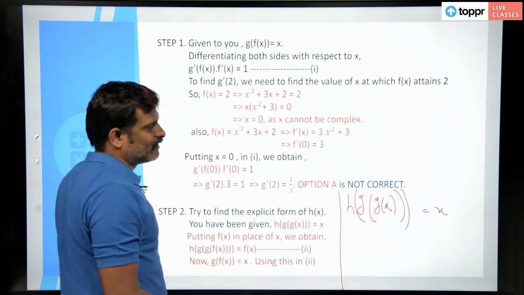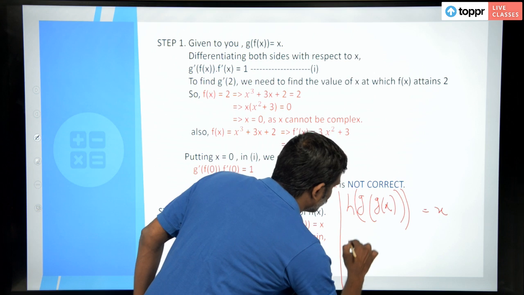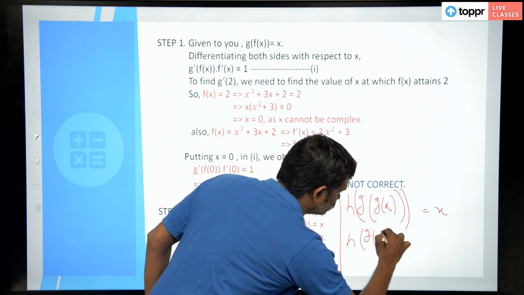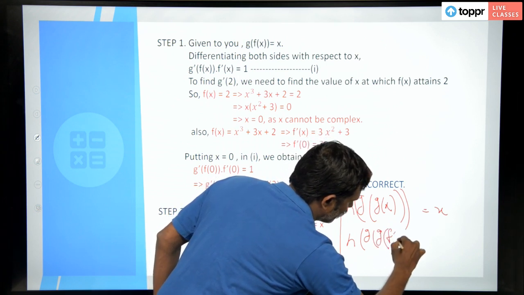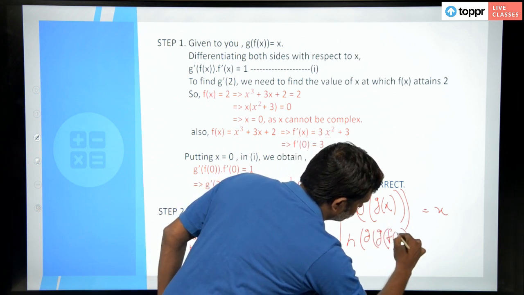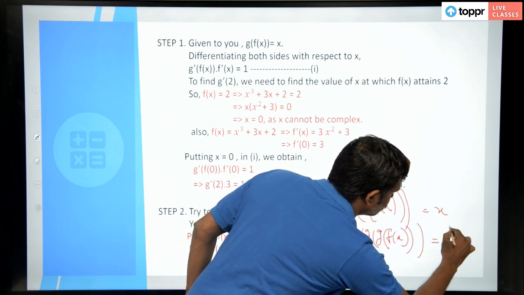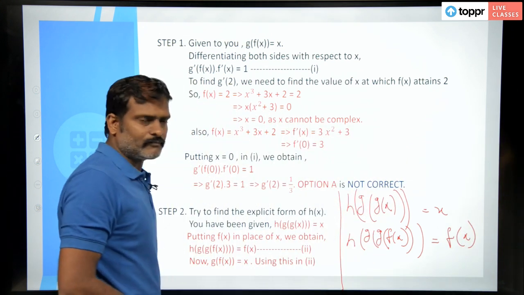I write f of x in the place of x. So, h of g of f of x is equal to f of x, right.